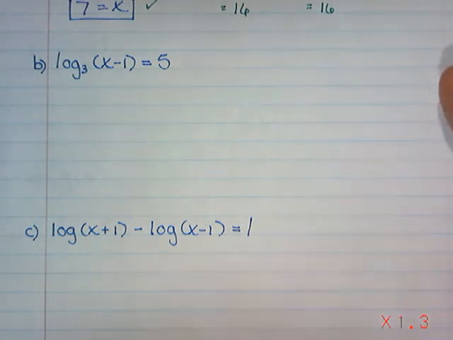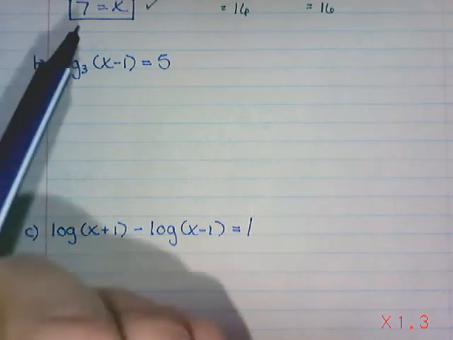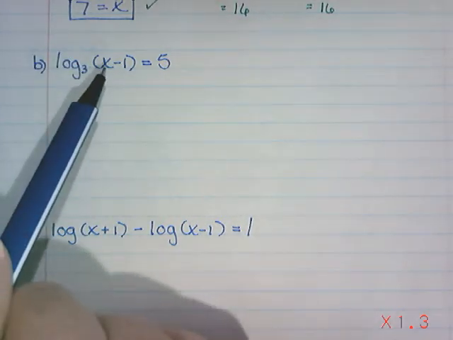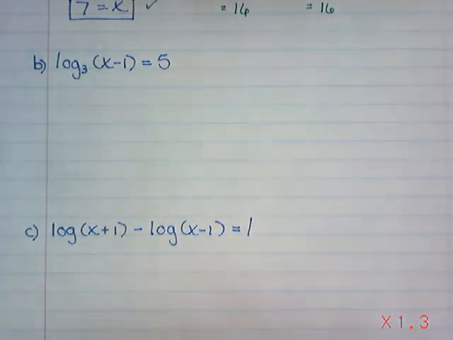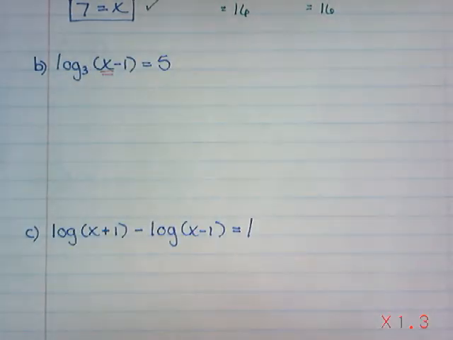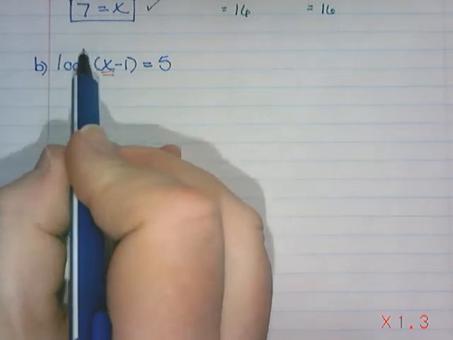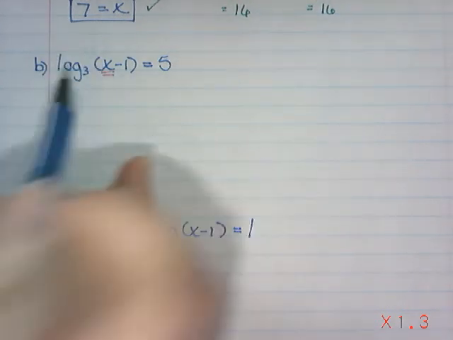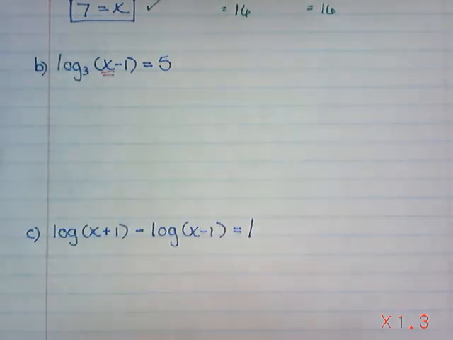However, what I prefer to do is, since there's just one singular x here, I like to rearrange and solve for x. So what I would like to do is find a way to get rid of a log base 3. So the opposite or the inverse operation of a log of base 3 is a power with a base of 3.